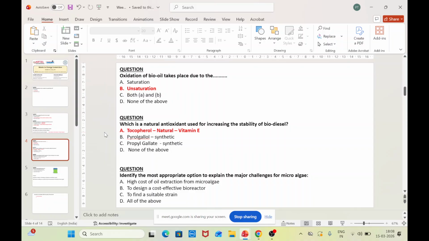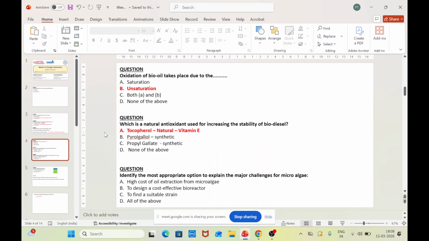As I said previously, algae have different varieties, different strains of algae. Depending upon the type of strain, the energy production, or you can say the extraction of energy, will be different.